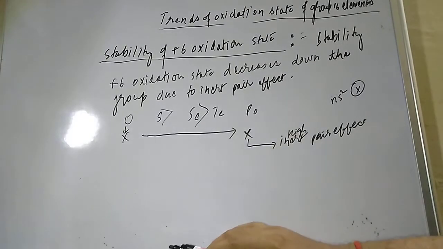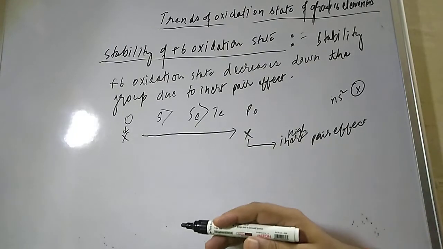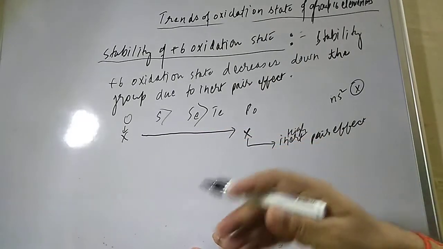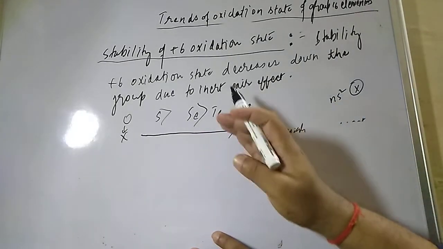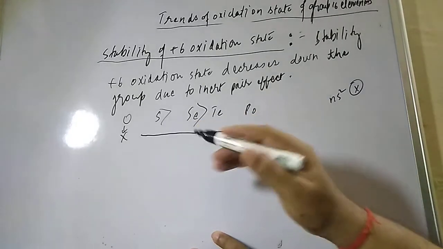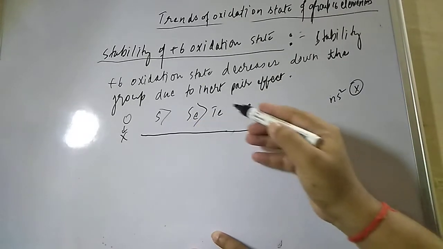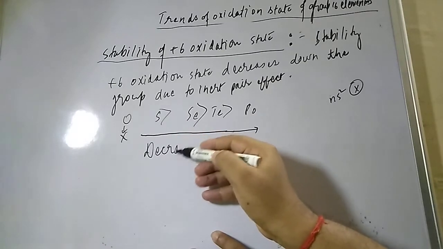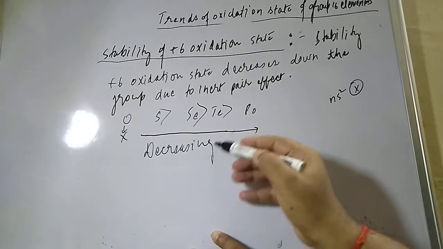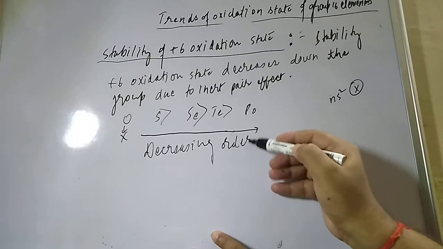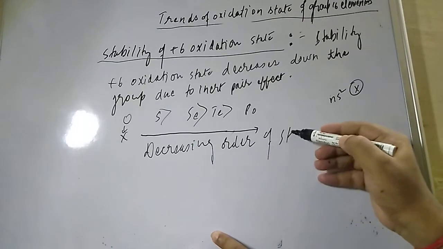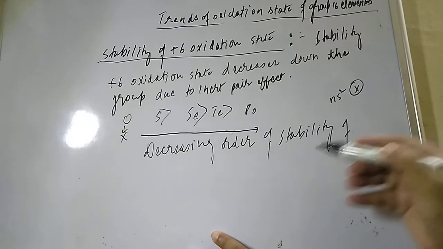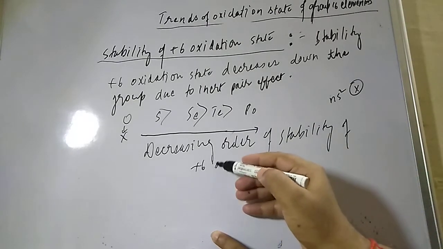So plus 4 stability will increase, but plus 6 stability decreases. Polonium will represent it, but very hardly. So this is the decreasing order of stability of plus 6 oxidation state.